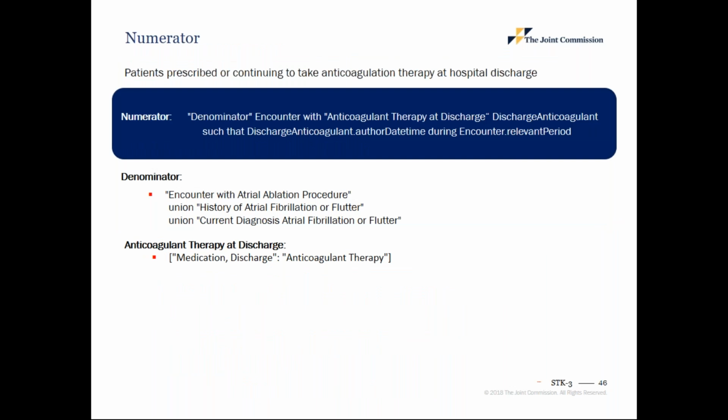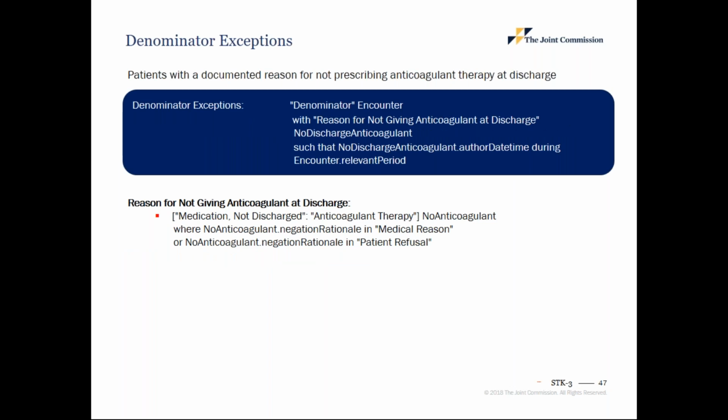And again, although the numerator is the same for stroke 2 and 3, we apply that same concept of using the denominator encounter to start the expression. Again, same concept applies to the denominator exceptions, where the logic remains unchanged, but we use the denominator encounter to start the expression.